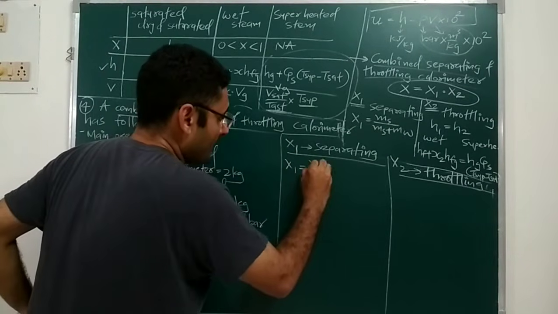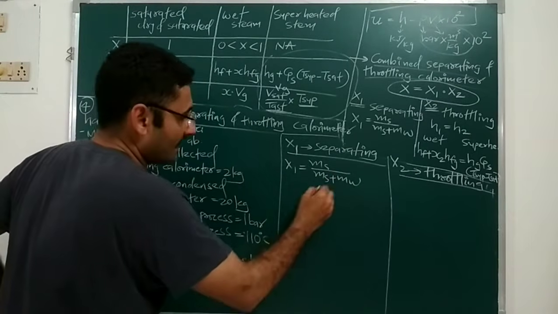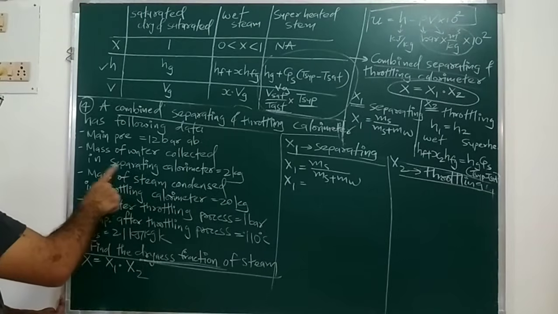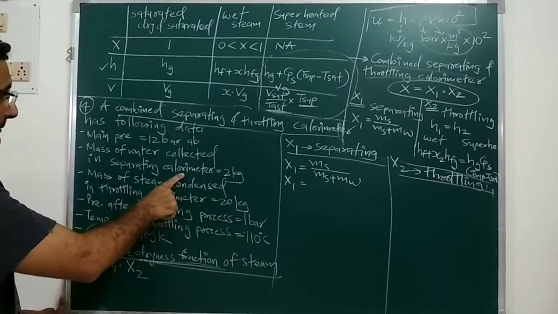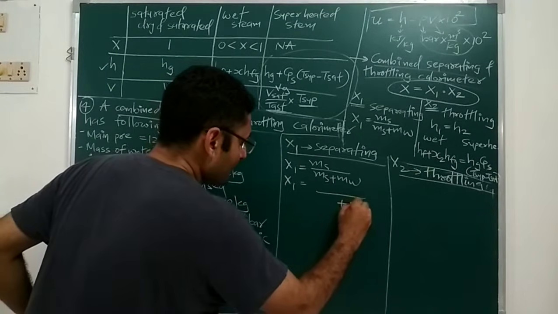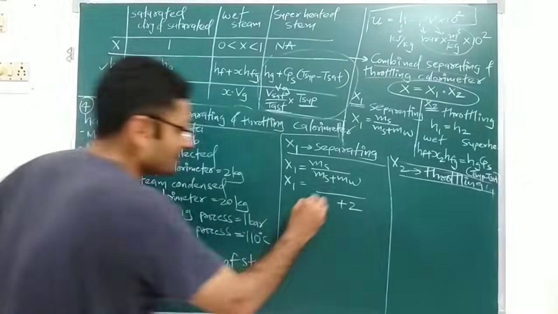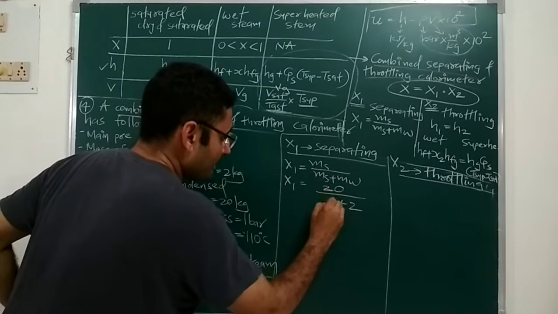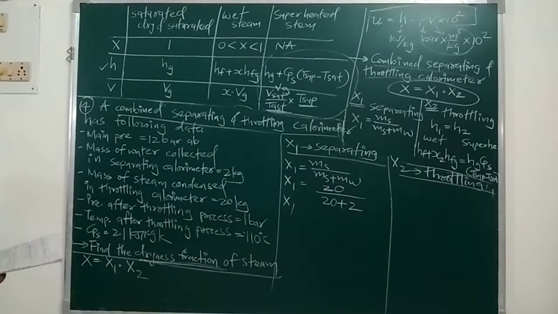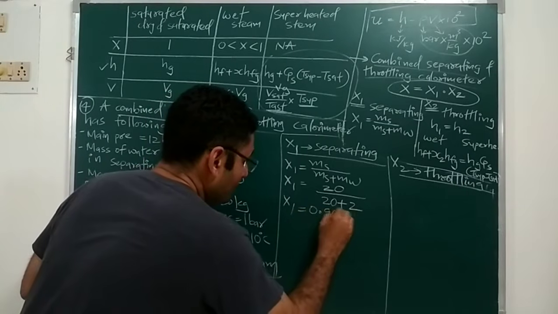Now if I want to find x1 with the help of the separating calorimeter, the equation is x1 equals Ms divided by Ms plus Mw, mass of steam and mass of water. So x1 equals mass of steam is 20 kg and mass of water collected in the separating calorimeter is 2 kg. So 20 divided by 20 plus 2. The value of x1 you will get is 0.9090.